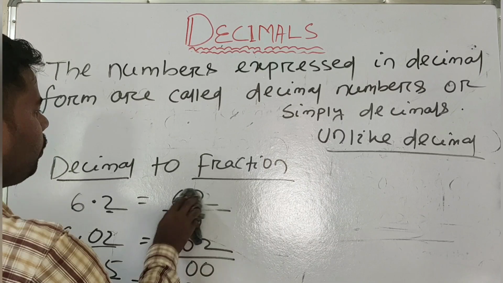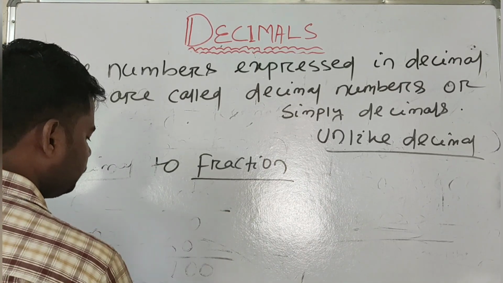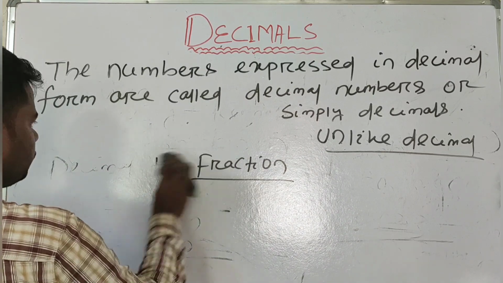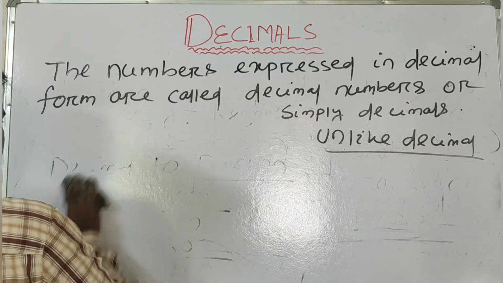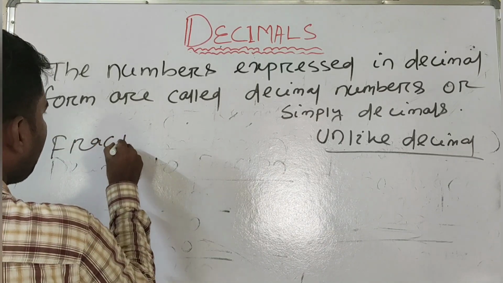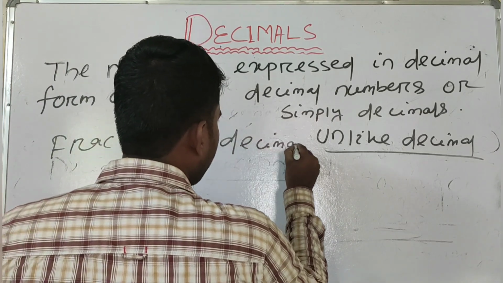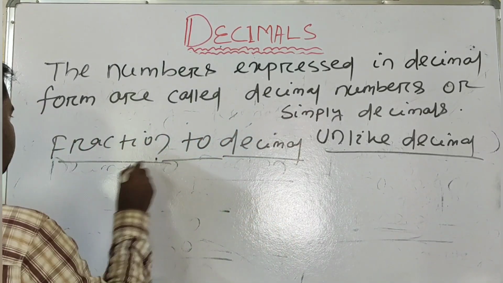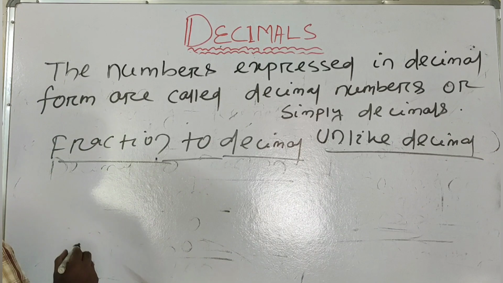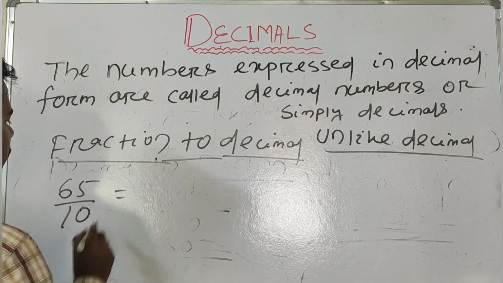Now we will learn how to convert fraction to decimal. Okay. So 65 by 10, how will we convert it?